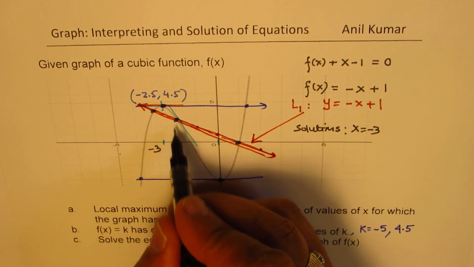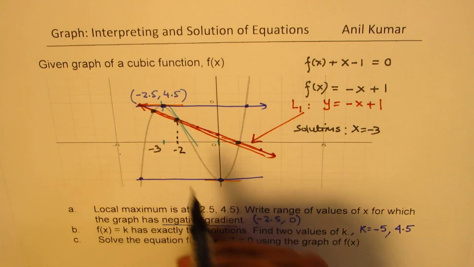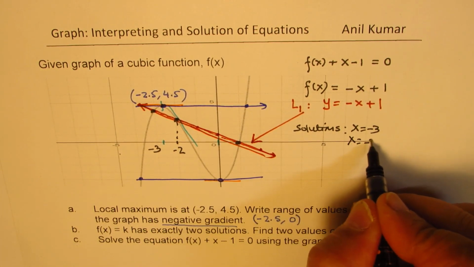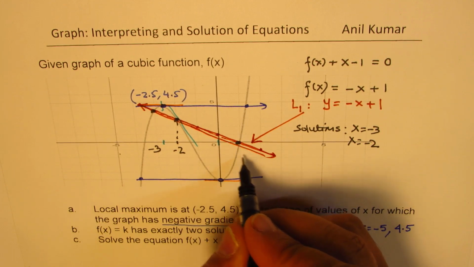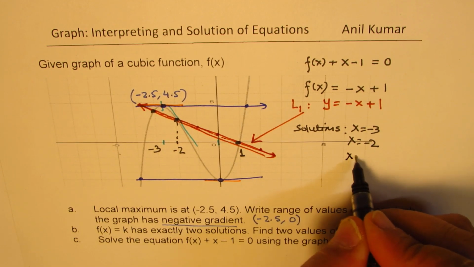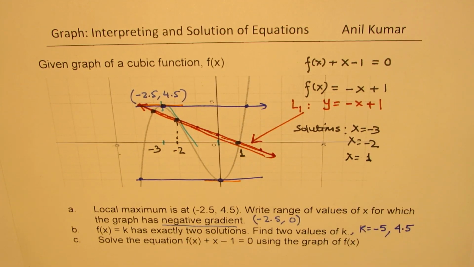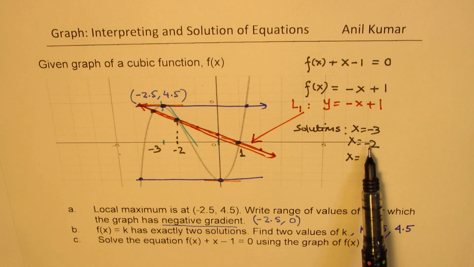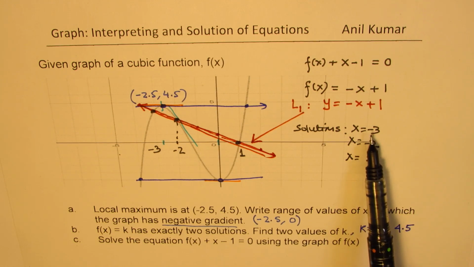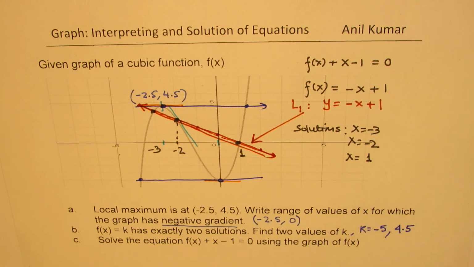Then we have this value at x equals minus 2, and then we have this value at x equals 1. So the solution for this equation is x equals 1, x equals minus 2, and x equals minus 3. Perfect.